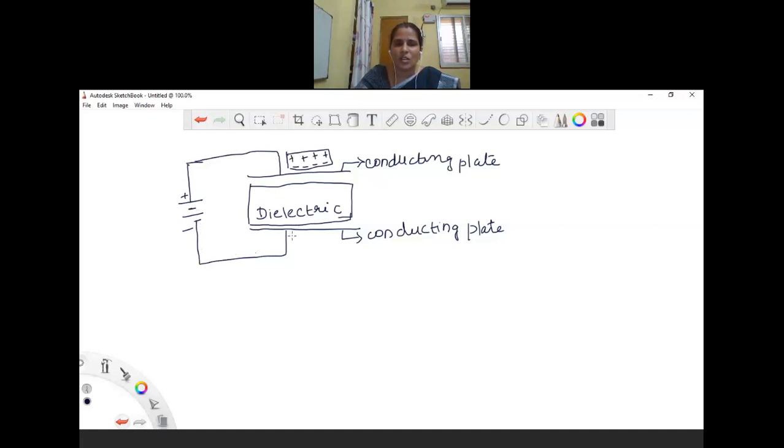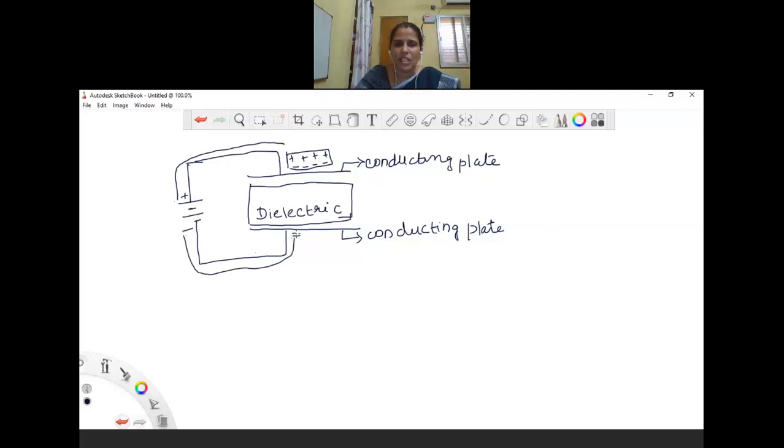Okay, so all these electrons from the top plate will reach the positive terminal of the battery. Again these electrons will come to the bottom plate.